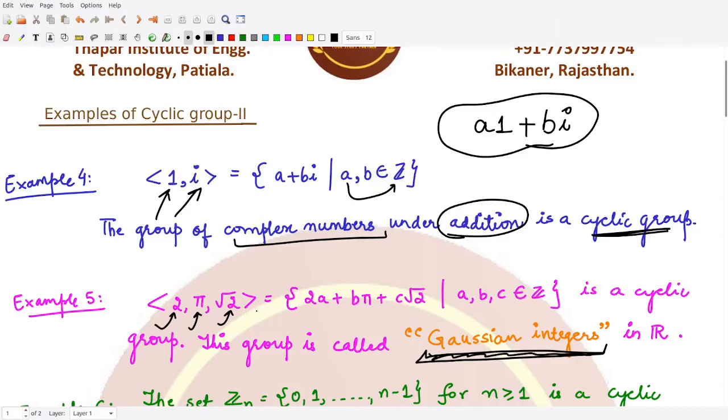So their linear combination, that means if we take a, b and c as three integers, then 2a plus b pi plus c square root 2 forms a cyclic group, and this group is called the Gaussian integers in the set of real numbers, right? So this is also a cyclic group.